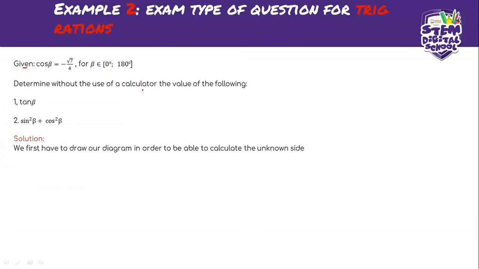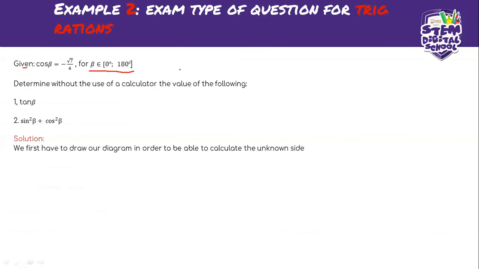Now when you move from 0 degrees to 180, you have passed the first quadrant and the second quadrant. Meaning our terminal arm is either in the first quadrant or in the second quadrant, based on the restriction here.